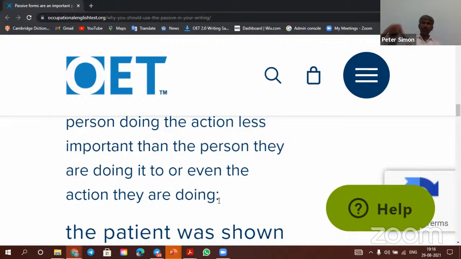Insulin injections and recommendations are important. Insulin injections are recommended. That's all. Be simple, be passive, use passive, and be qualitative, present qualitative sentences. No need to write this much.